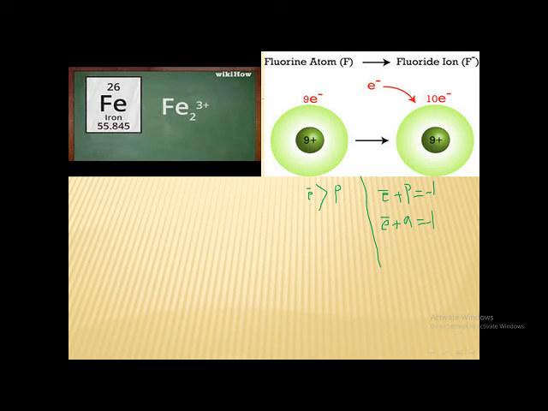So minus 9 and minus 9, the number of electrons will be minus 1 minus 9, and that gives you minus 10. So the number of electrons will increase by 1 to be minus 10, and you can see that here.